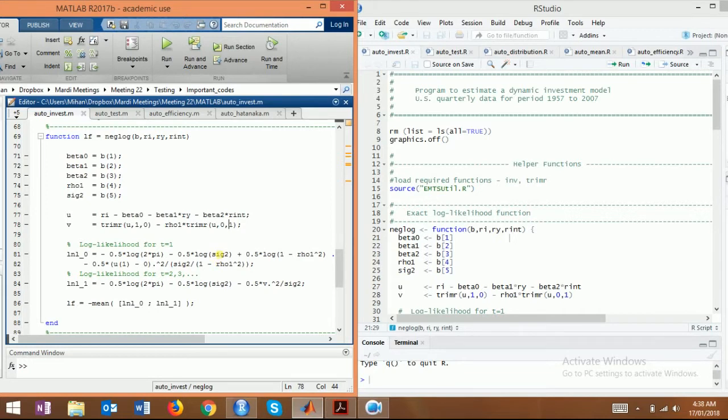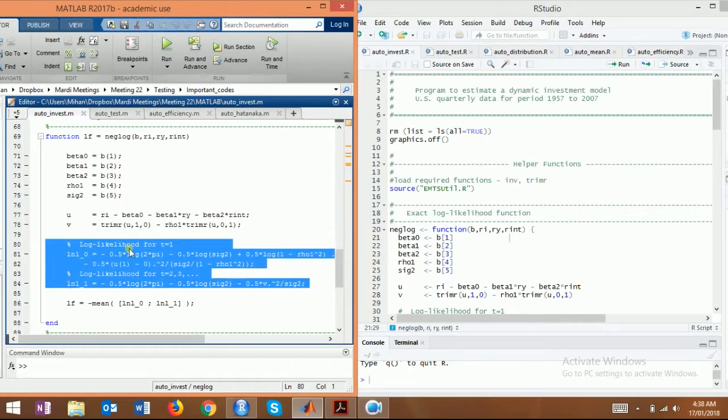For t greater than 1, we use v, where these two elements remain the same, then minus 0.5 v square divided by sigma square. So we have the log likelihood function for t equals 1 and for t greater than 1. Basically now our log likelihood function is combining in columns both of these.